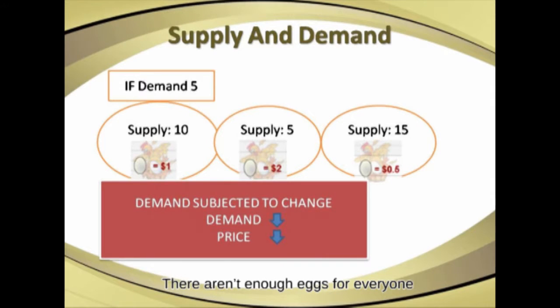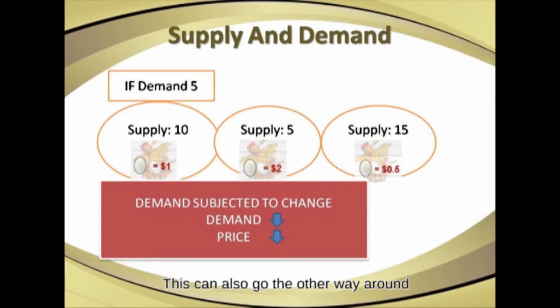Therefore, there aren't enough eggs for everyone, making each client more willing to pay more for each egg, thus resulting in an increase in the price per egg. In other words, the supply decreased due to fewer eggs, but the demand did not decrease, resulting in an increase in the value of the eggs.